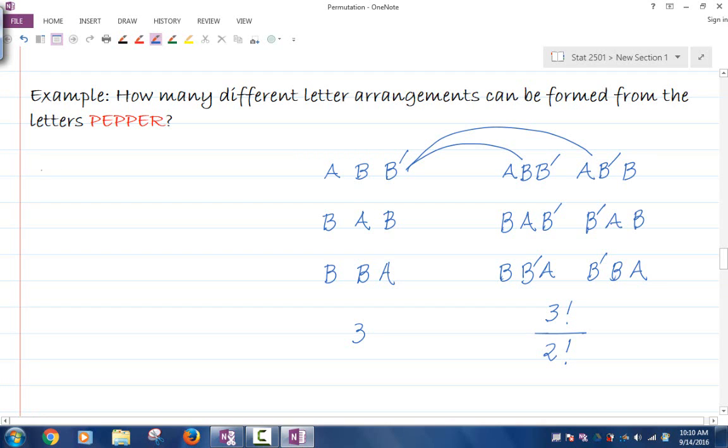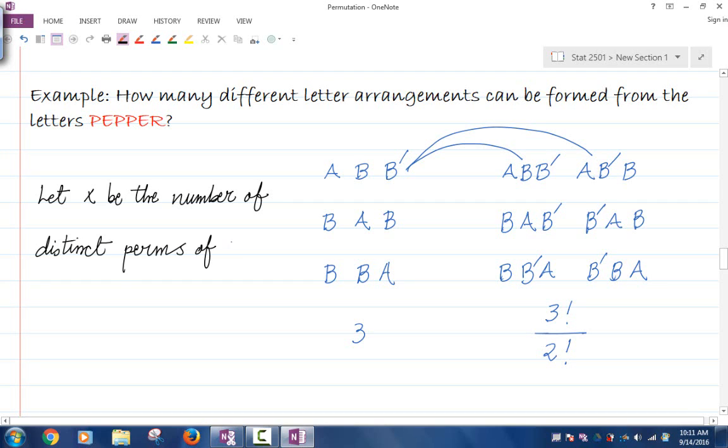Well, I'm going to say let X be the number of distinct permutations of the letters in pepper. So X is the number of distinct permutations. That's what I want to find. I want to find X.